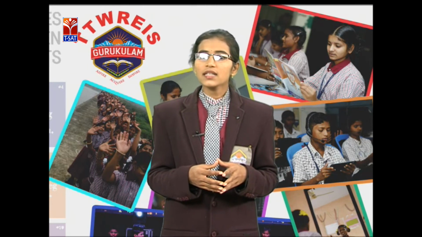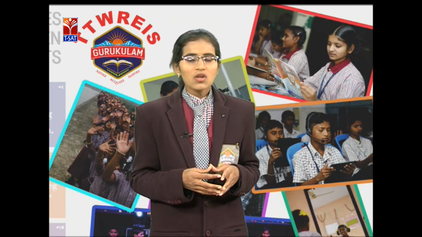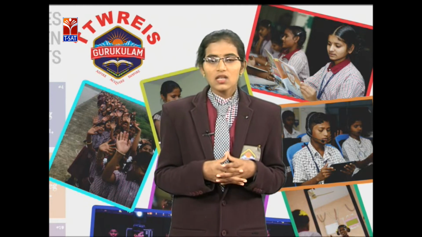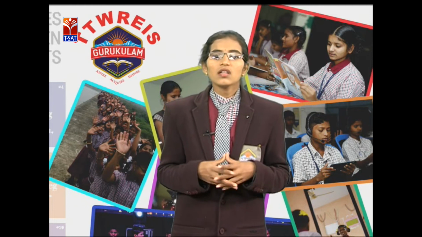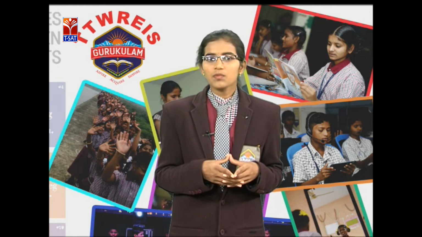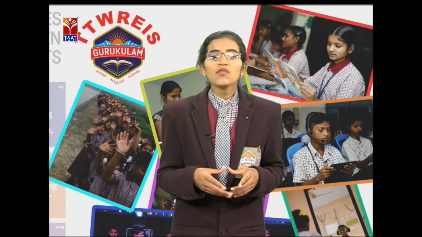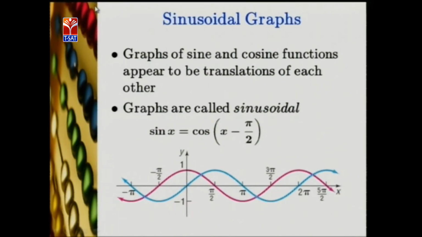In the fourth quadrant, cos and secant are positive. So pi by 2 minus x lies in the first quadrant, where every function is positive. So we get sin x equals sin x here. This is about the sinusoidal graph. You are now familiar with it. When the phase difference between two graphs is 90 degrees, they are known as sinusoidal graphs.